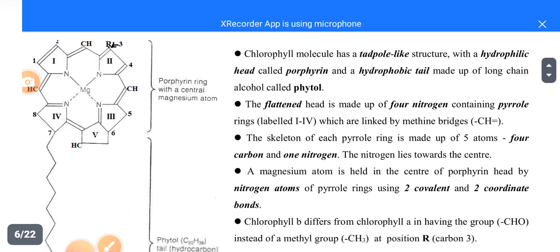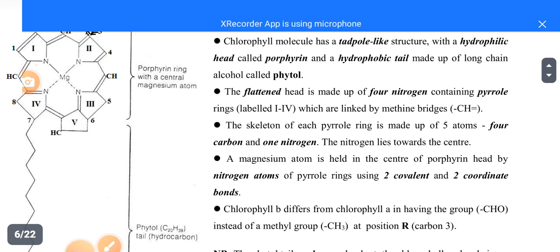Then we are saying that a magnesium atom is held in the center of the porphyrin head by nitrogen atoms of the pyrrole rings using 2 covalent and 2 coordinated bonds.